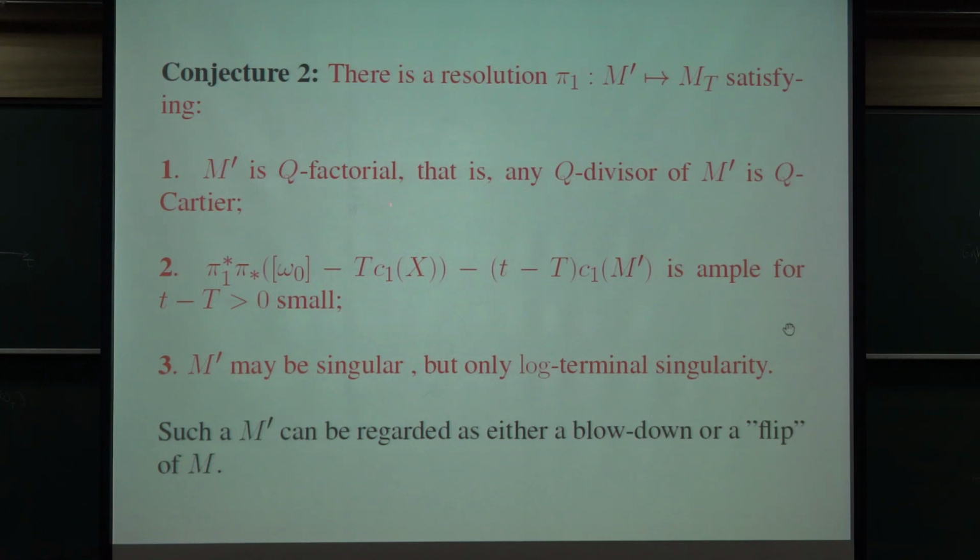Even in high dimensions, for example dimension 3, we know the existence of flips, so there's no problem to verify this. But that's not the best we hope for, because using the existence of flips we need the knowledge of algebraic geometry.